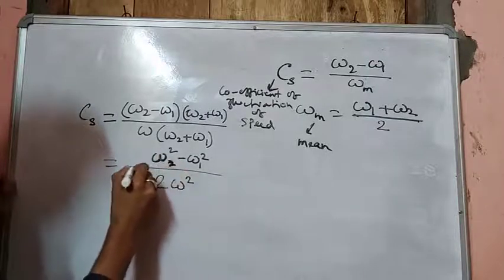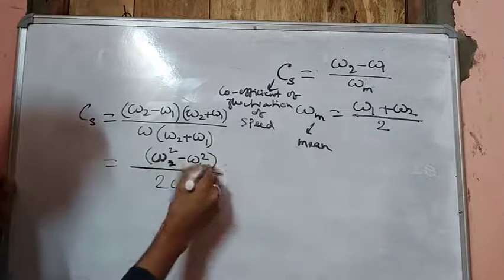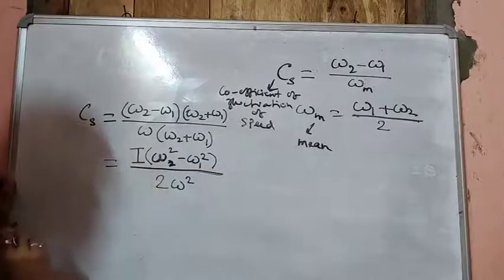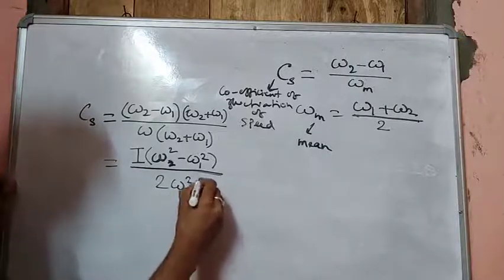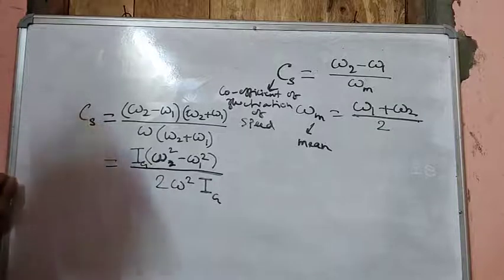Now we will multiply with the total moment of inertia of the flywheel, Ig.